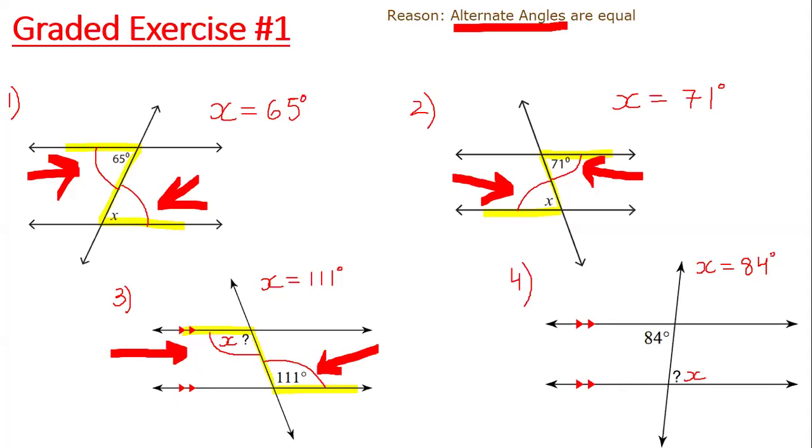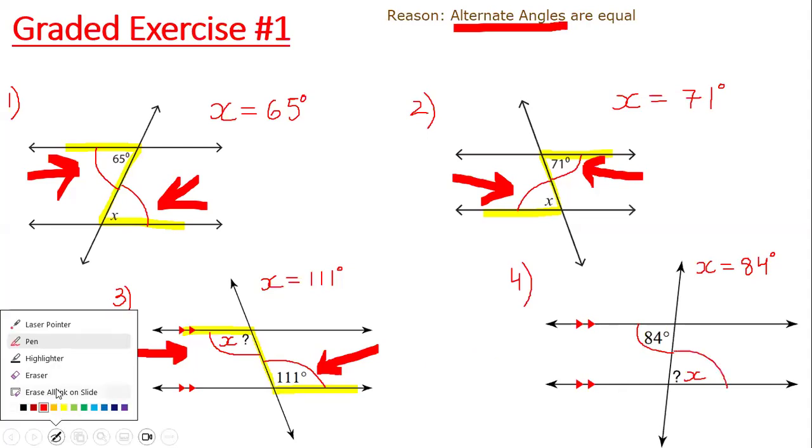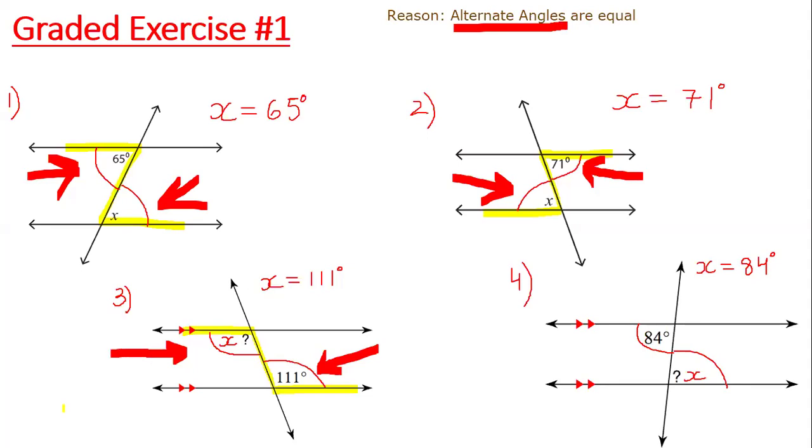And the reason is because what? Alternate angles are equal. Why would it be 84? Trayvon, say it again. Would it be equal because the arrow looks less slanted than the other?